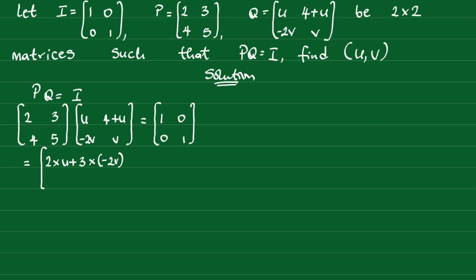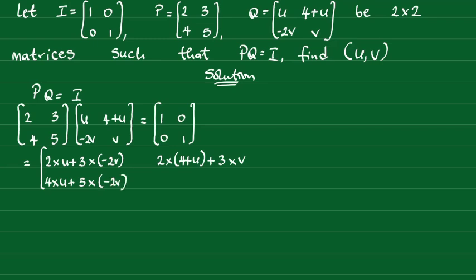Next we have 2 times (4 plus U) plus 3 times V. Now move down, and we have 4 times U plus 5 times (minus 2V).